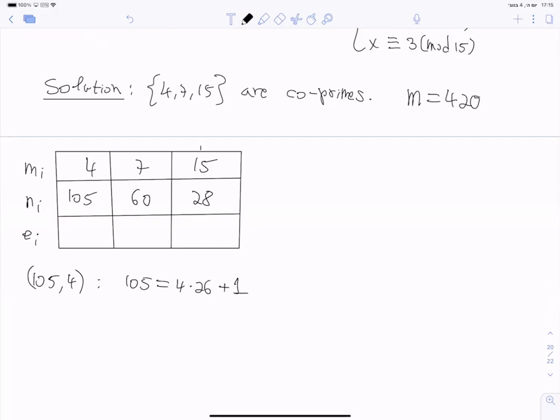So in other words, what is our E1? 105. Because this one is modulo the others.